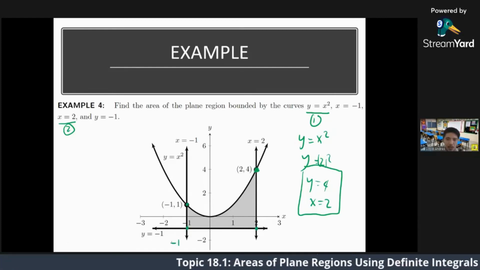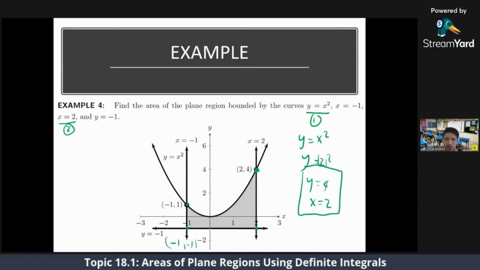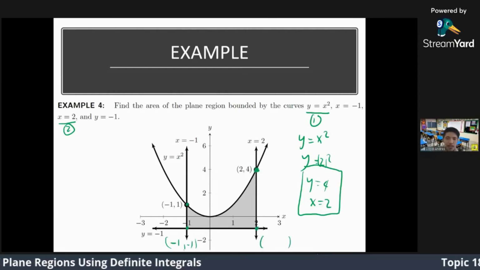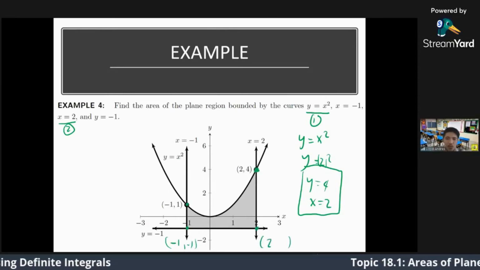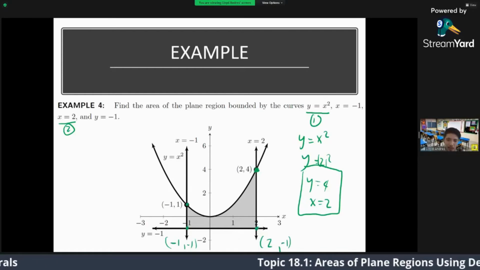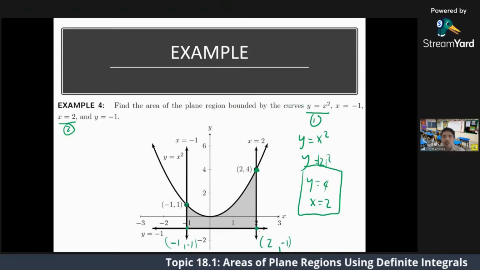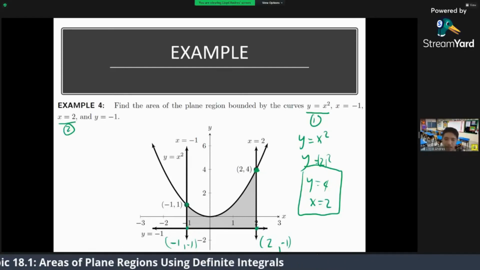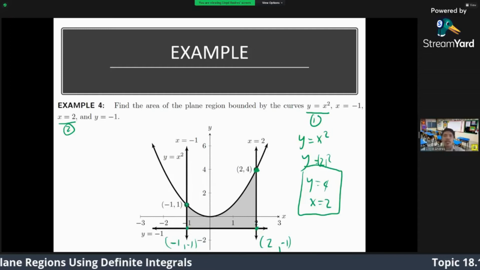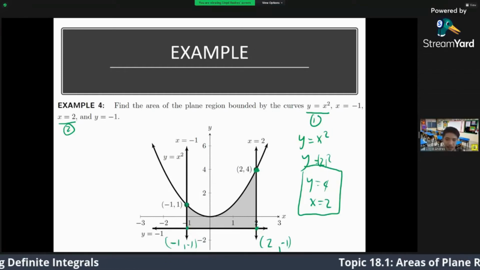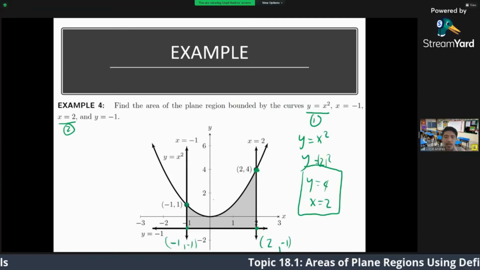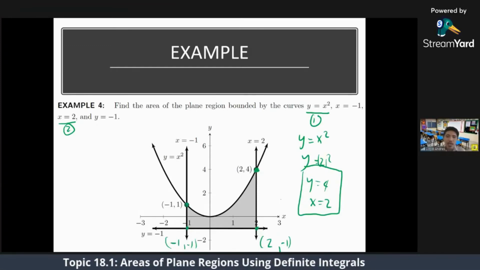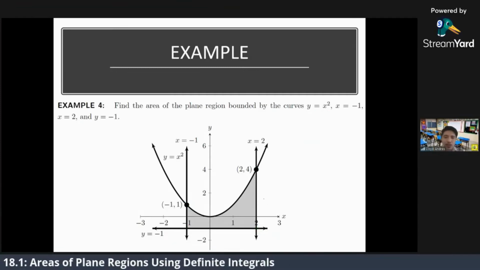So there is no problem with the intersection points when only lines intersect. The problem is when they are not lines. If only vertical or horizontal lines intersect, they are easy to determine. But if they are not horizontal or vertical lines, you need to use elimination or substitution. So, okay. We're done with the intersection points and the sketch of the graph.